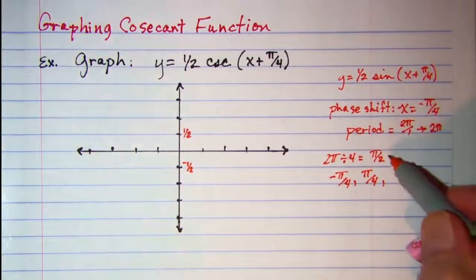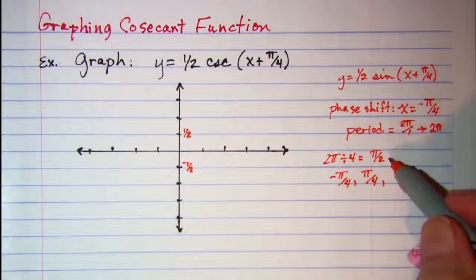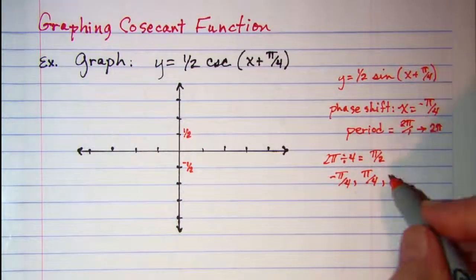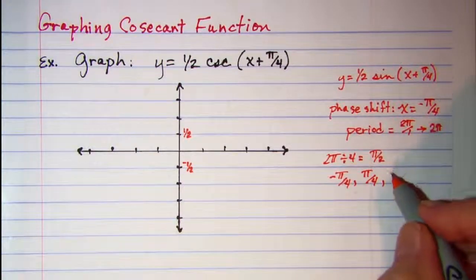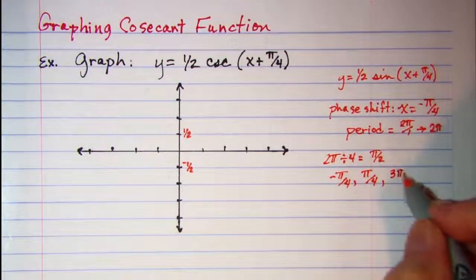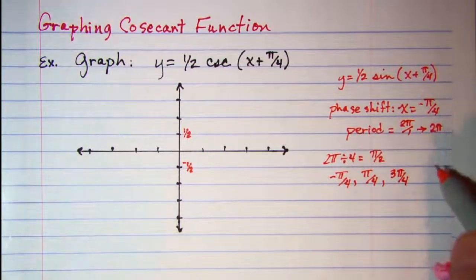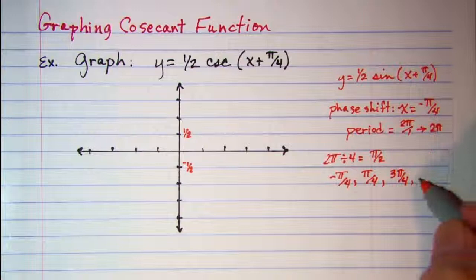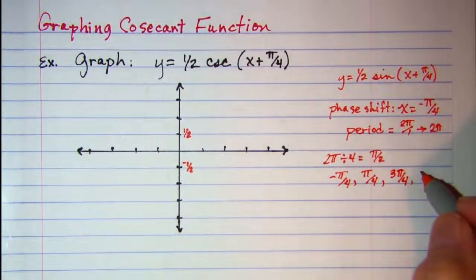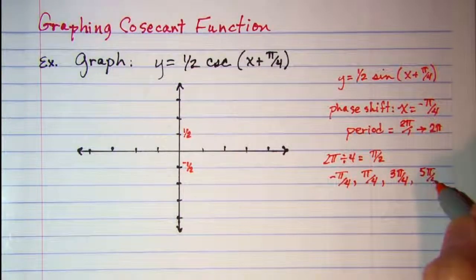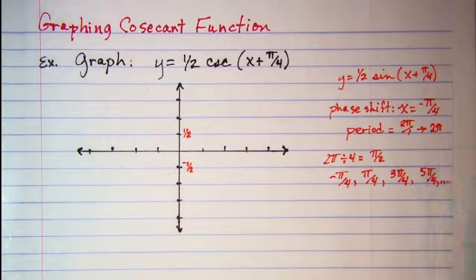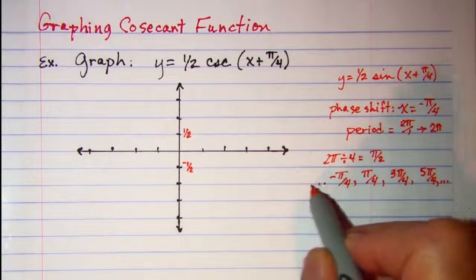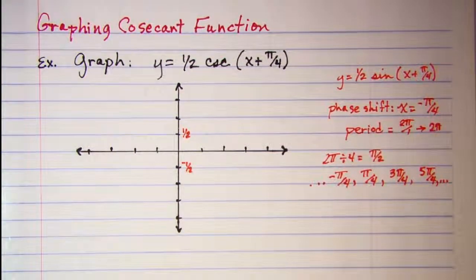And then I add another pi over 2, which is 3 pi over 4. And add another one, I'll be at 5 pi over 4. So these are the points where I need to mark my sine curve.